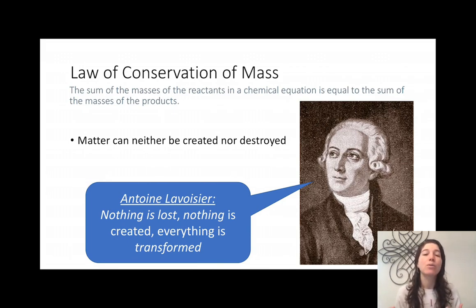And so that brings us to our law of conservation of mass, which is the sum of the masses of the reactants in a chemical equation is equal to the sum of the masses of the products, meaning that the amount of atoms on one side is equivalent to the amount of atoms on the other side of that chemical element.